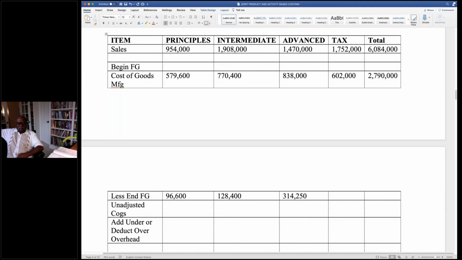And 150,000. Add these up. We're almost there. So if you add them up, how much is it? 689,000.